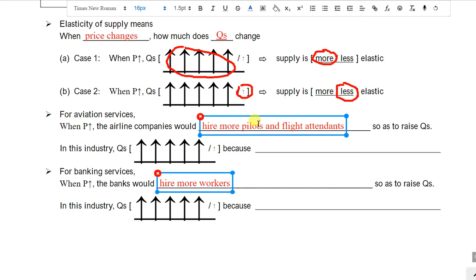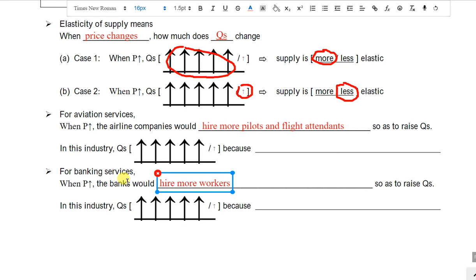If they want to hire new pilots, of course, the pilots have to go through a long period of training, right? Several years of training before they can be the pilot. That's why it is much more difficult for the airline companies to hire more pilots to raise the quantity supplied.